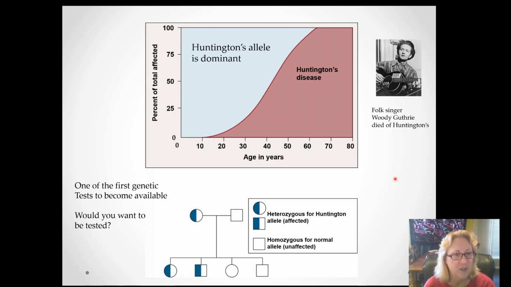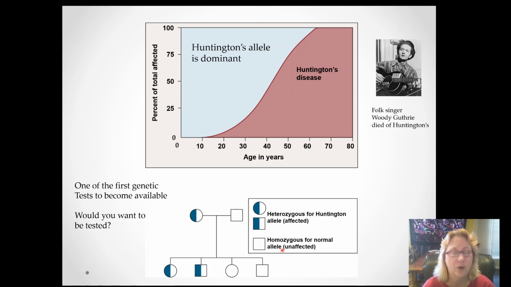And it turns out that the gene that causes Huntington's mutates commonly. So new mutations for Huntington's aren't as rare as for other alleles. If we look at the little pedigree down here, we can see the typical inheritance pattern for a dominant trait.